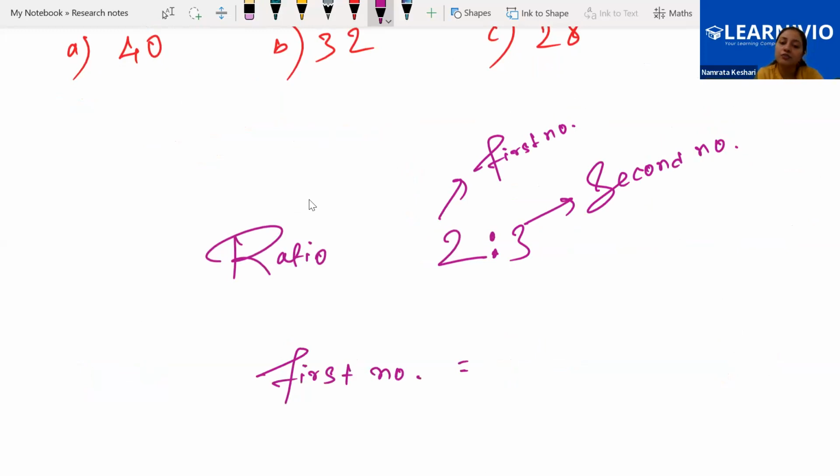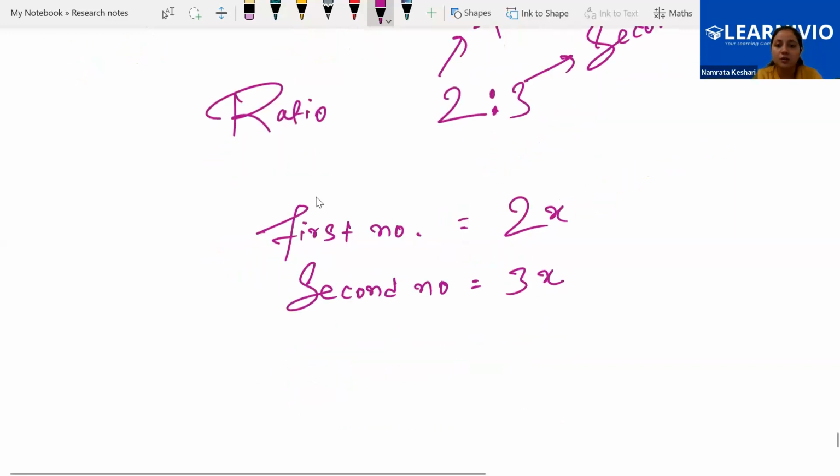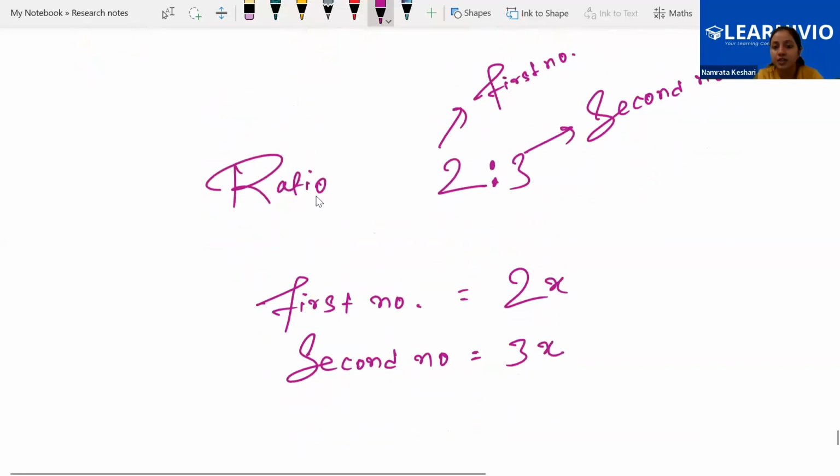Can we assume that our first number is 2x and our second number is 3x?